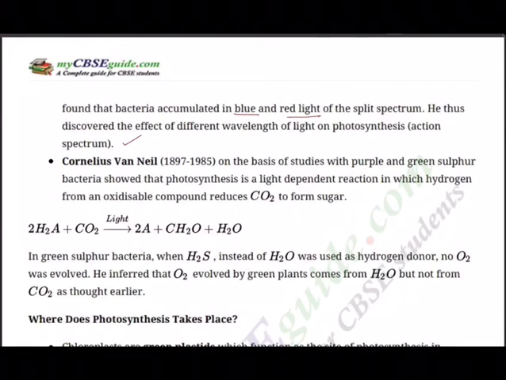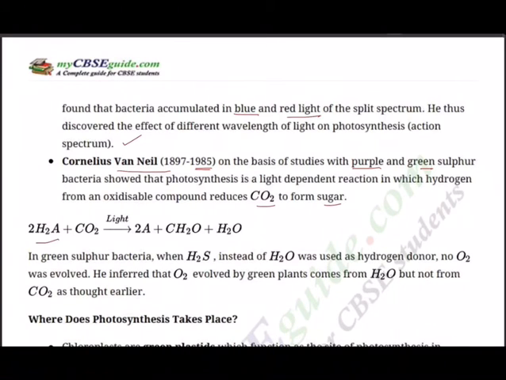And then Cornelius Van Niel, somewhere 1930s, very close, on the basis of studies with purple and green sulfur bacteria, showed that photosynthesis is a light dependent reaction in which hydrogen from an oxidizable compound reduces CO2 to form sugar. This is what we were talking about.